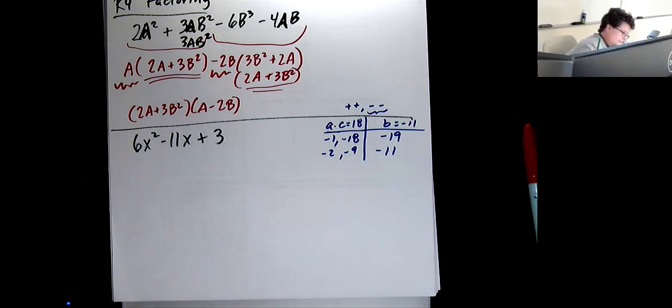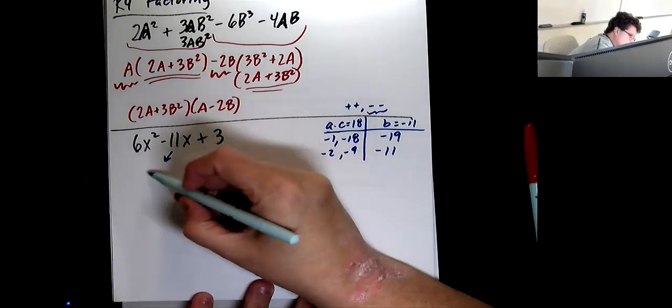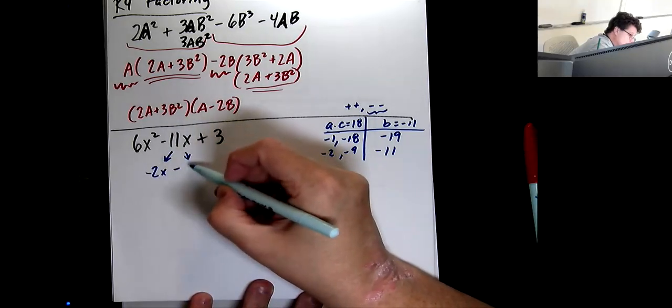Alright, so that's the right connection, which means this can separate into negative 2x and negative 9x.